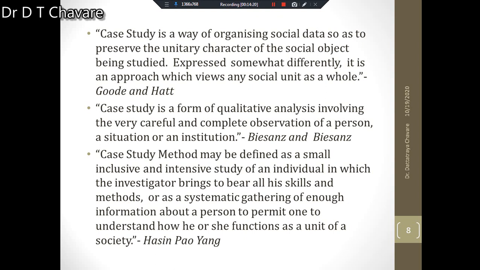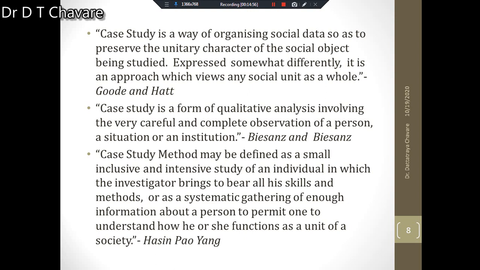Case study method may be defined as a small, inclusive and intensive study of an individual in which the investigator brings to bear all his skills and methods, or as a systematic gathering of enough information about a person to permit one to understand how he or she functions as a unit of society.